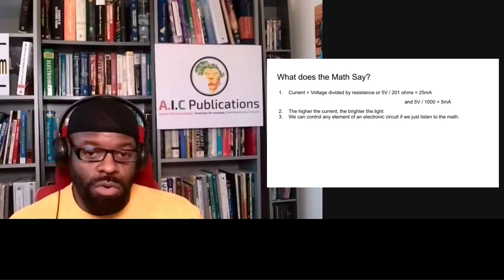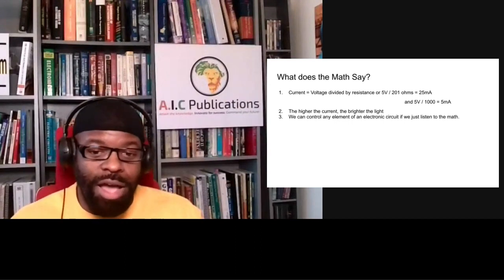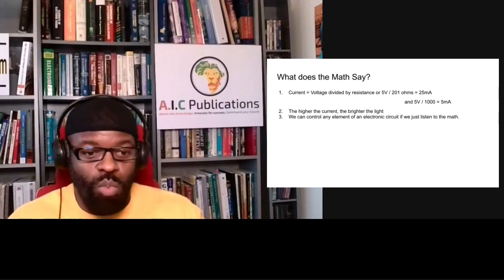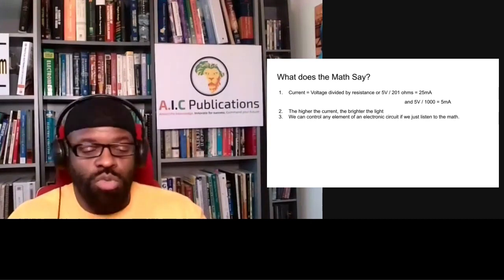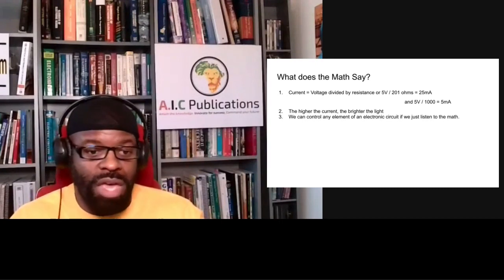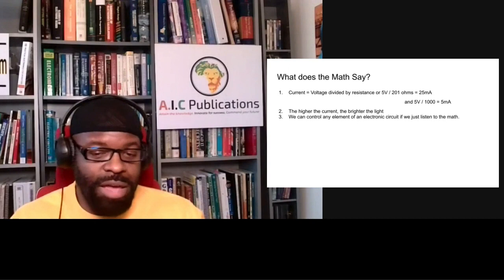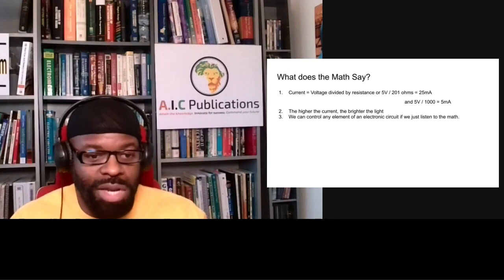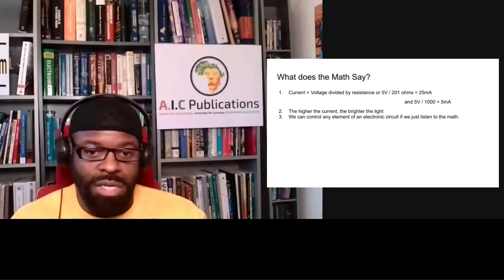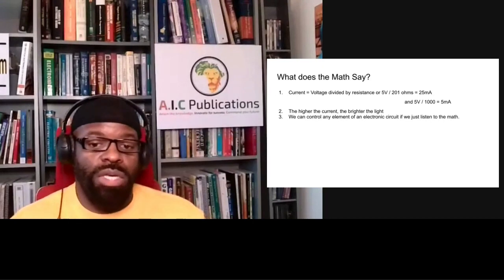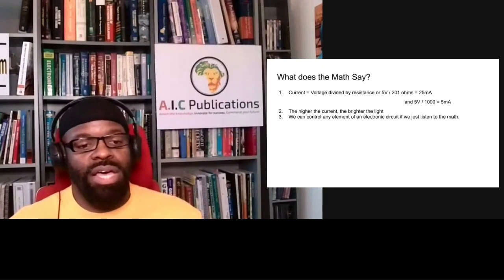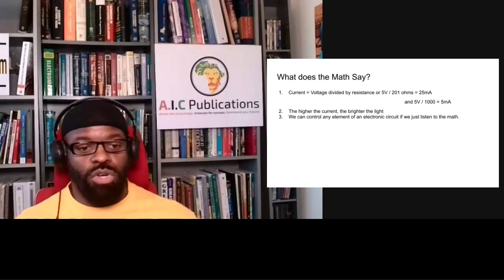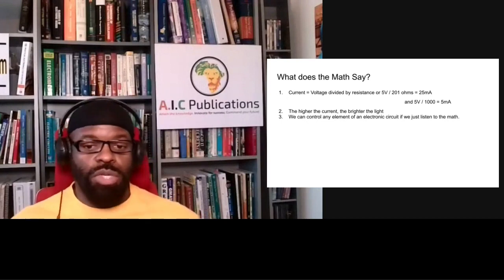So the math here literally tells us that the higher the current that we can control that goes through a circuit, that goes through a light emitting diode or any type of candle or lamp that we're going to put there, the brighter the light can be, the greater the intensity can be. And it tells us also that we can control any particular element of any electronic circuit that we want, just if we listen to the math.